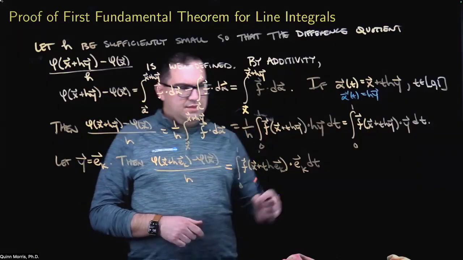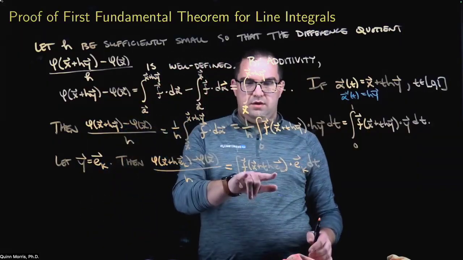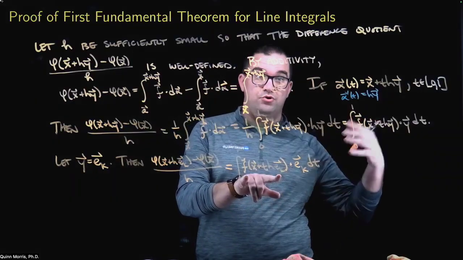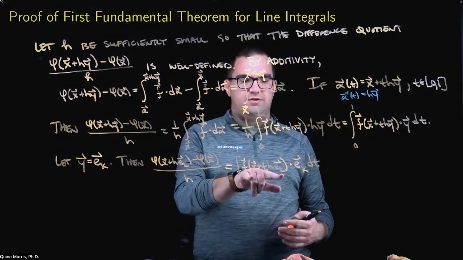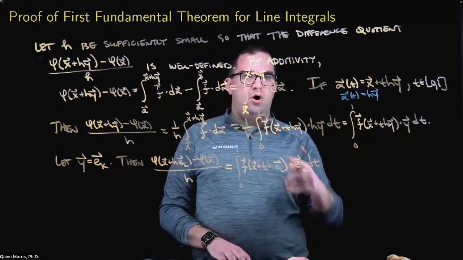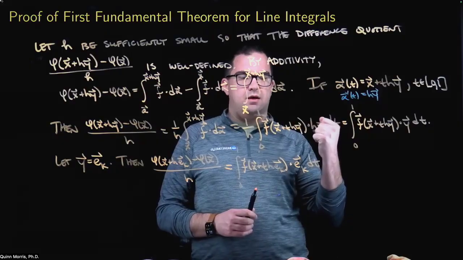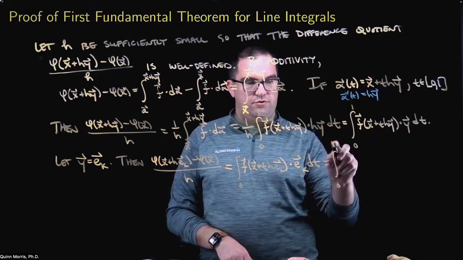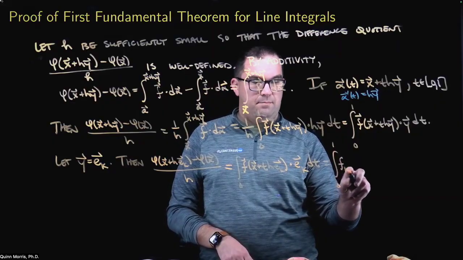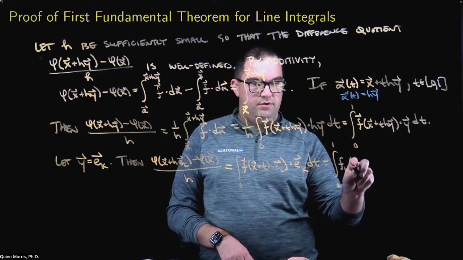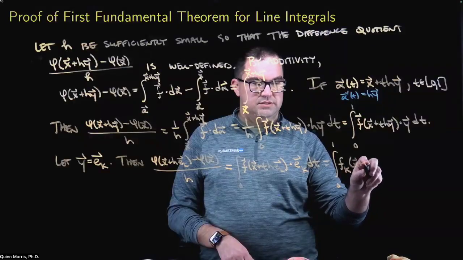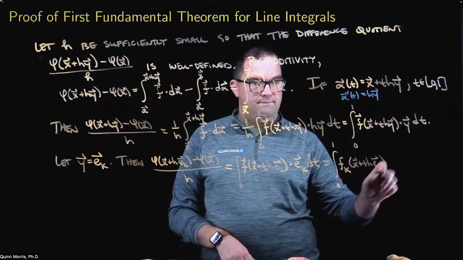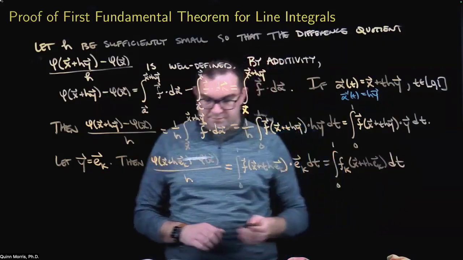This is a vector field, so it's a vector valued function. But if I take the inner product of any vector with ek, all that's going to do is pull out the kth component. So this is going to give me the integral from 0 to 1 of the kth component of the vector field evaluated at x plus thek, dt.